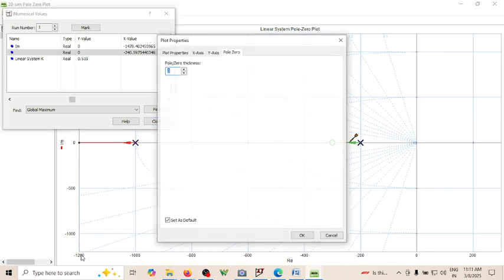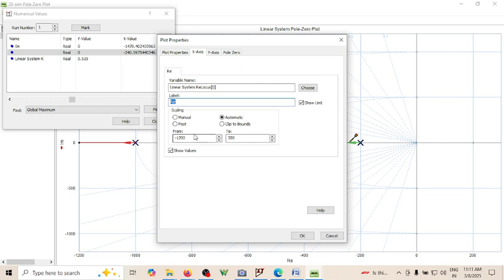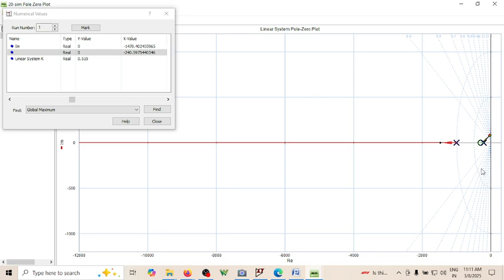Let me change this axis to maybe the x-axis. Let me make it maybe another 0, so that you can make it out. Fine. That is too much.